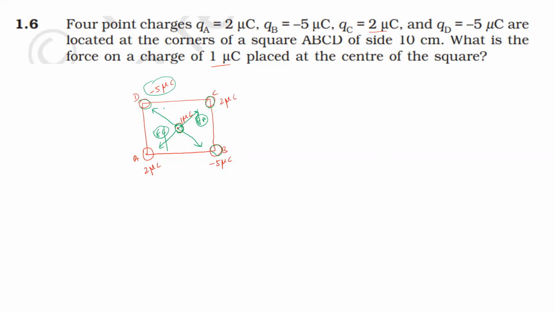Now the force exerted by the charge D and the force exerted by the charge B are equal in magnitude but opposite in direction, so these two forces get cancelled. So altogether the total force exerted on the 1 microcoulomb is equal to 0. So zero force acts on the 1 microcoulomb which is placed at the center of the square.